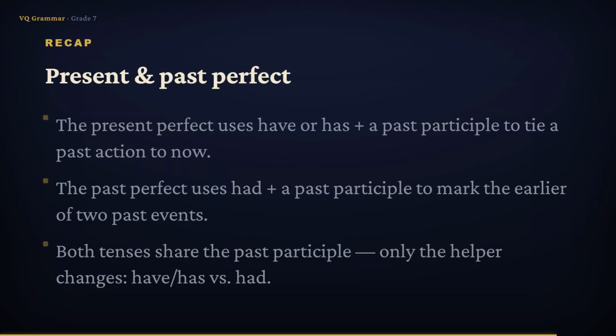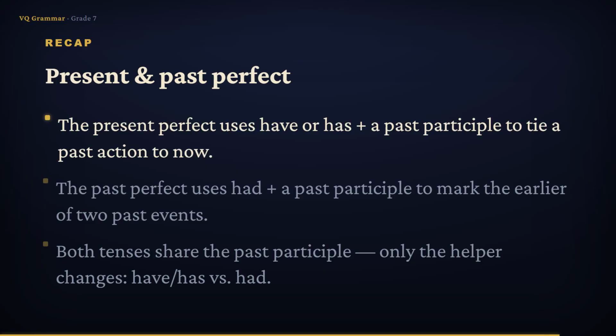Let's gather up what we learned. The present perfect uses have or has plus a past participle, and it ties a past action to right now, either at some indefinite past time or an action that still continues.